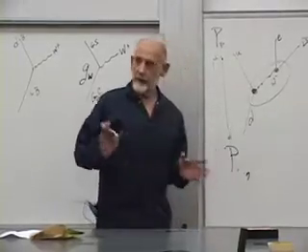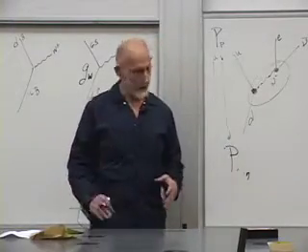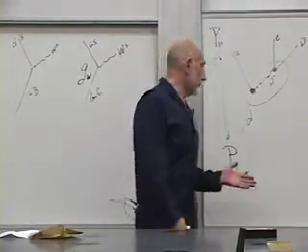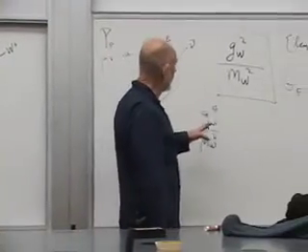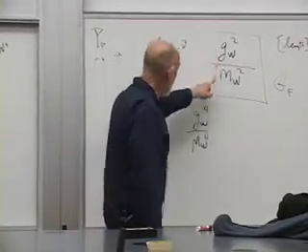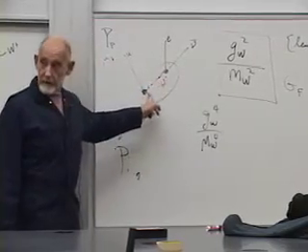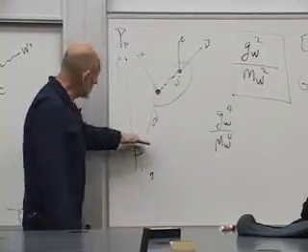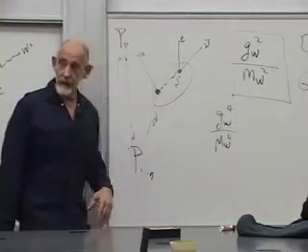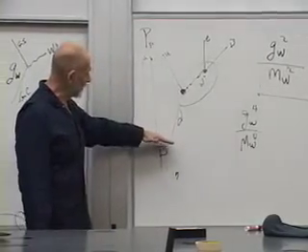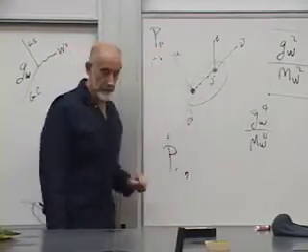Rates are controlled by three things: coupling constants, masses of particles in intermediate states like this, and also available energy. Available energy has to do with the energy of the initial state and the final state.